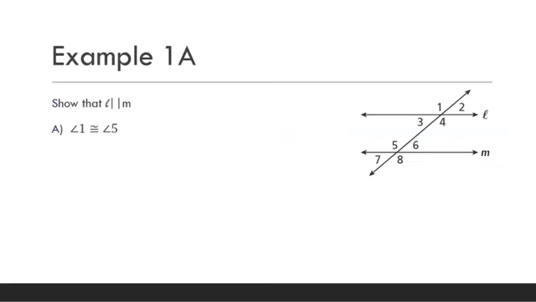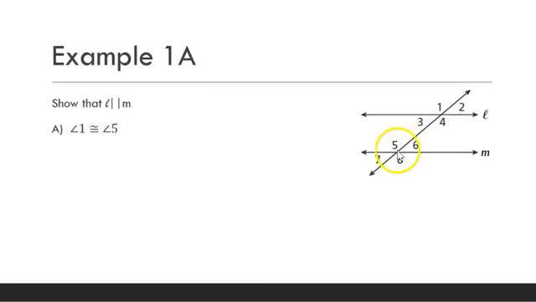In example 1a, it says show that line L is parallel to line M. And they've told us that angle 1 is congruent to angle 5. So we're going to start off by identifying the type of angle pair that 1 and 5 make. Notice angle 1 is to the left of the transversal and above the line that we think might be parallel.